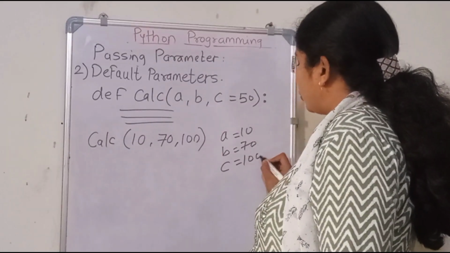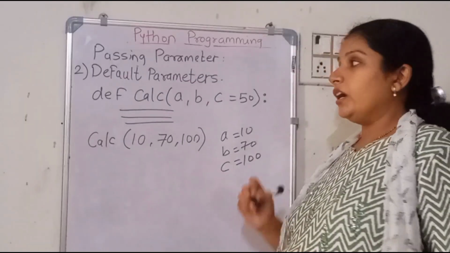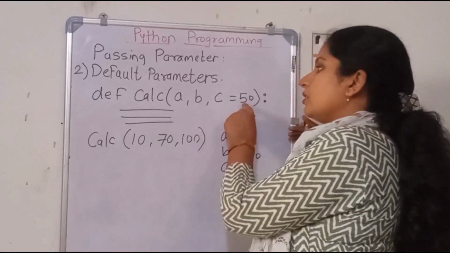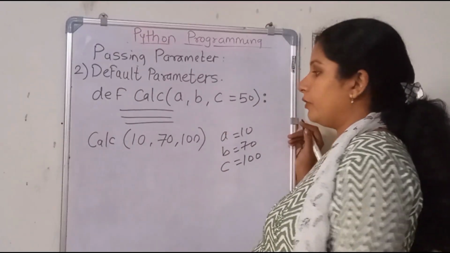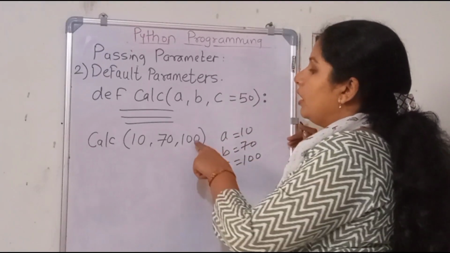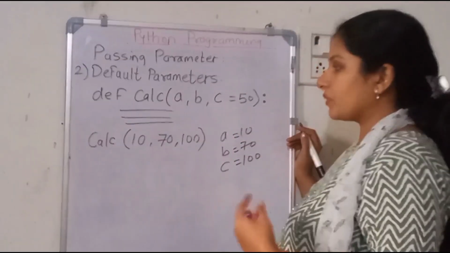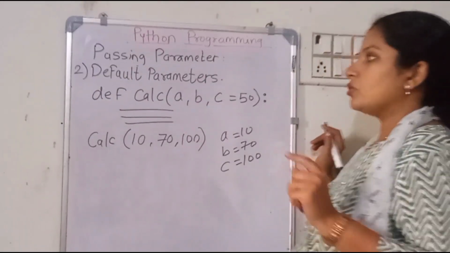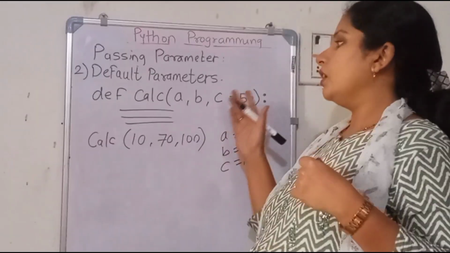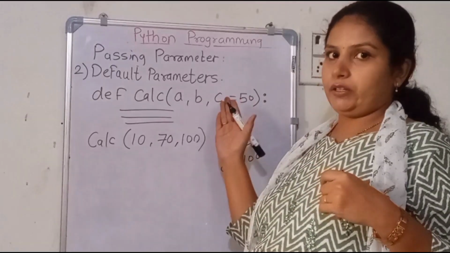So C is equal to 100. In case we don't provide the third value, then only the default value will be taken. If we provide the value, the default value is overridden and the new value is taken. This is the simple concept of the default parameter.